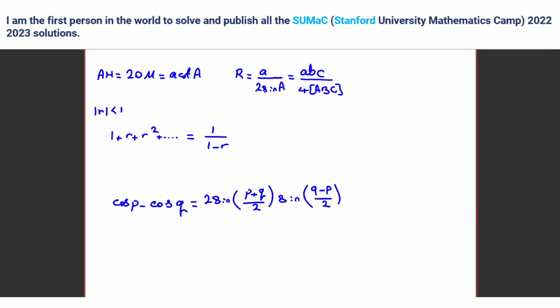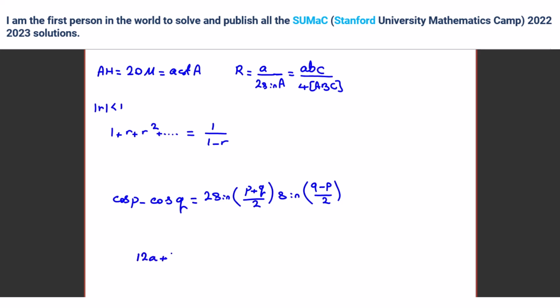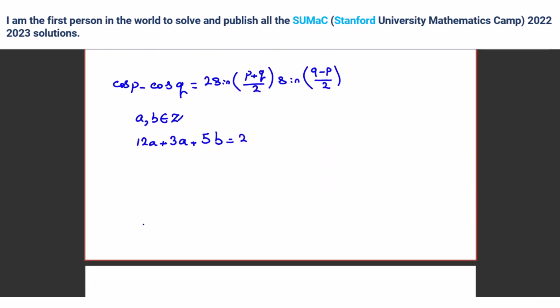Now, let me ask you in some other orders. If we have, for example, 12ab plus 3a plus 5b is equal to 2, and a and b are integers, what should we do? Then what do you want to find? We want to find a and b.